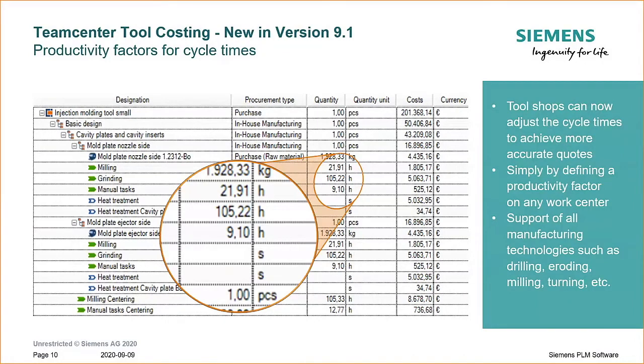With this capability, tool manufacturers get the possibility to adjust cycle times of all manufacturing technologies, such as drilling, reboring, milling, turning, etc. To achieve more accuracy in the quotation calculation, meaning if you think a machine is faster or slower, you can simply change the productivity factor to adjust the time and consequently the cost. And I would like to show you how we do that.